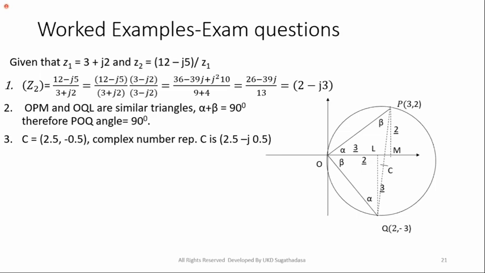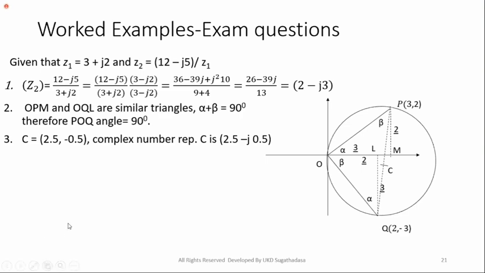So C is the midpoint. You can easily calculate the x coordinate by adding and dividing by 2: 3 plus 2 divided by 2, that is 2.5. Then 2 plus minus 3, that is minus 1, divided by 2. That is the coordinate of the point C.